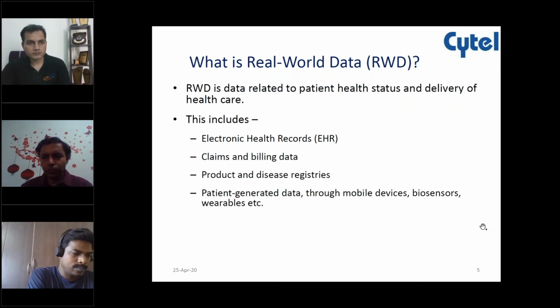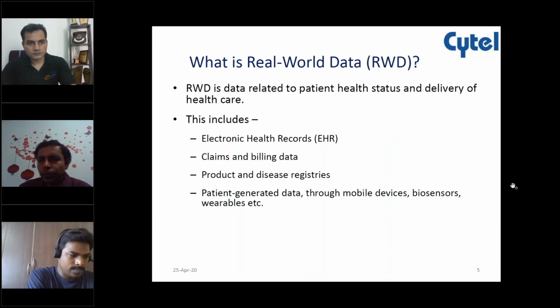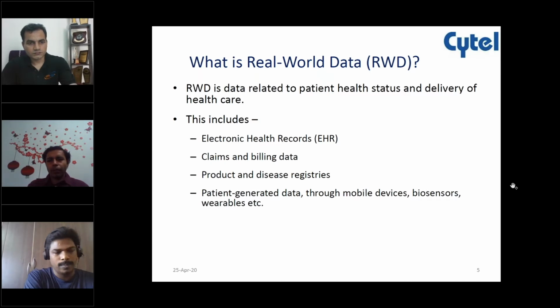So real-world data is data of health status and how this changes with the delivery of healthcare services. Some examples of this kind of data are electronic health records. These are electronic or digitized versions of a patient's charts, notes made by the clinician after a checkup, lab test results, etc. This also includes data about medical insurance claims and cost of services.